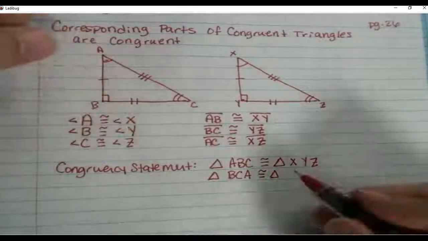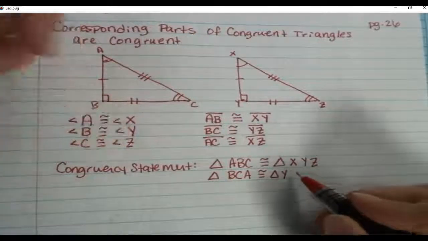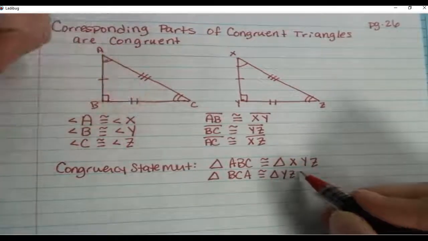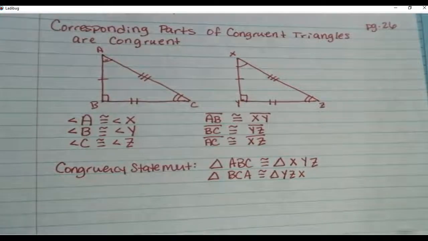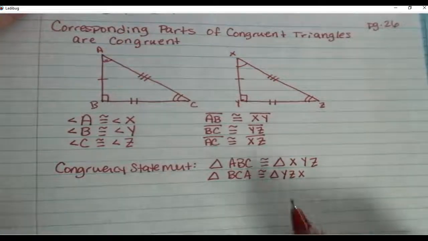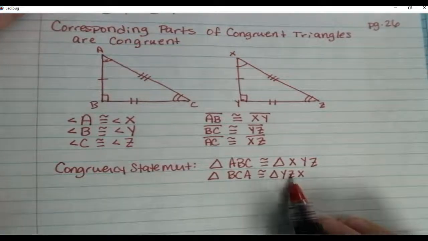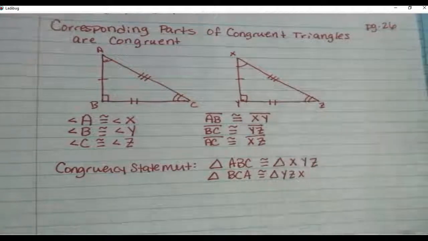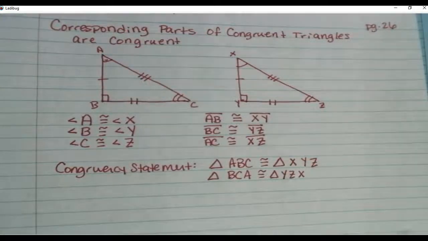B matches Y, C matches Z, and A matches X. So the order of the first one doesn't matter. You can name it in whatever order you want to put it in, as long as you match your angles to their corresponding part in the second triangle. Questions?